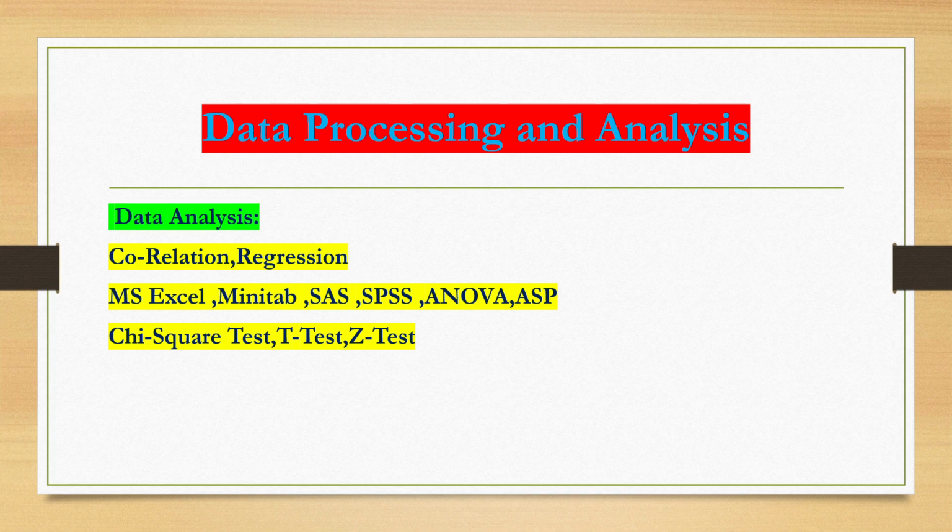They are the software to analyze the data which we have processed. There are different tests. They are chi-square test, t-test, z-test, etc. So using all types of software and techniques, we analyze the data and draw information. And once we draw the information, our fourth step is finished off.